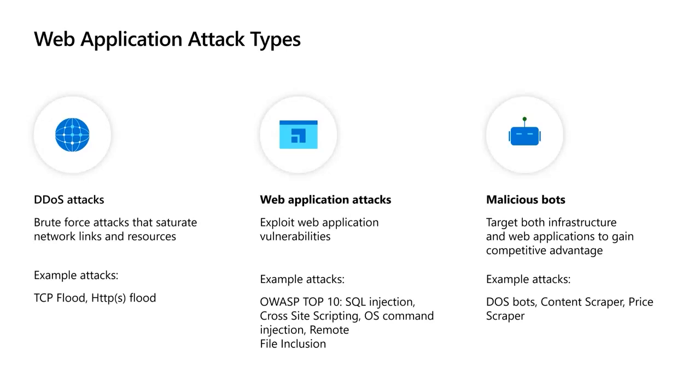And within this malicious bots group, we have DoS bots, that can perform some kind of denial of service attacks. We also have content scrapers, that are bots that scrape content from websites to use it elsewhere. And then we also have price scrapers, that are bots that scrape price information from competitor websites.